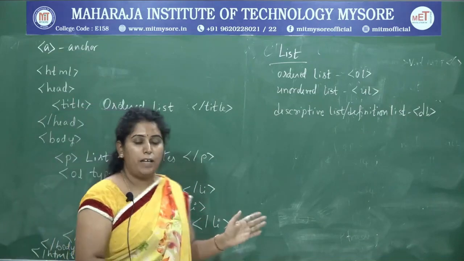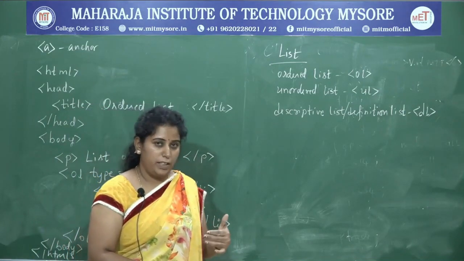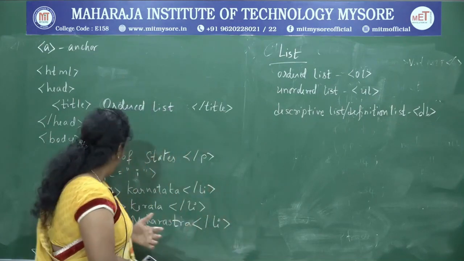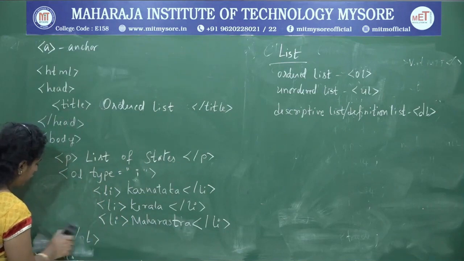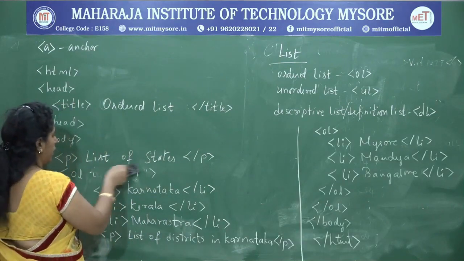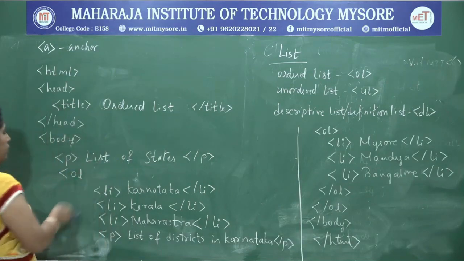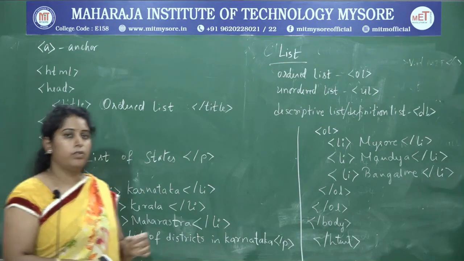In the same example, I will continue with nesting the list items. How you can create a nesting means, for example, here I will simply make use of OL only. So what happens?